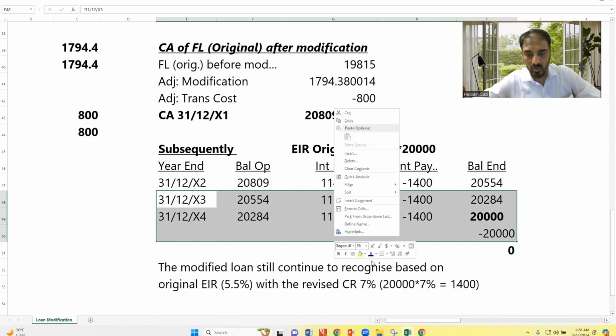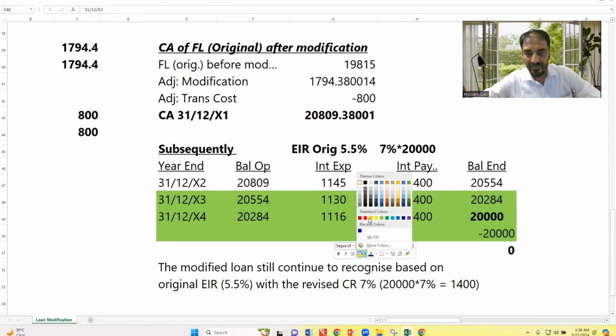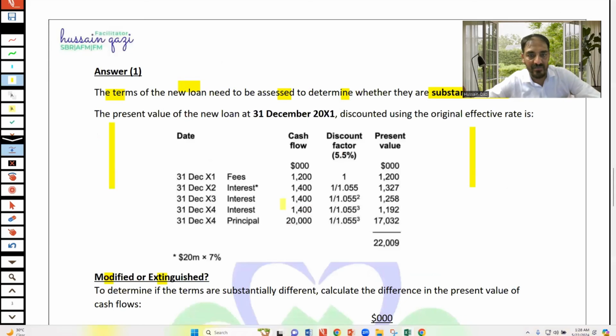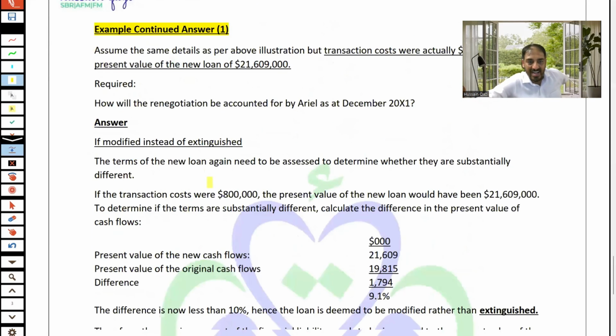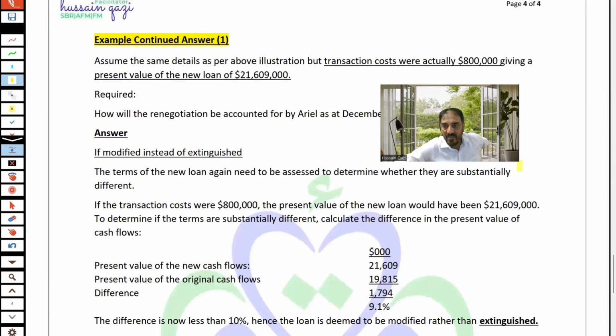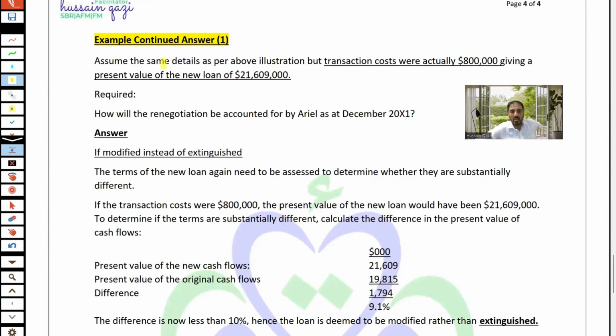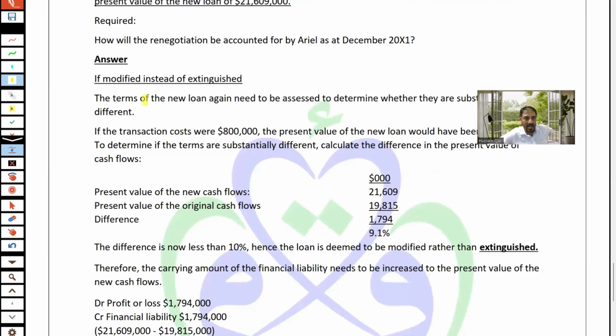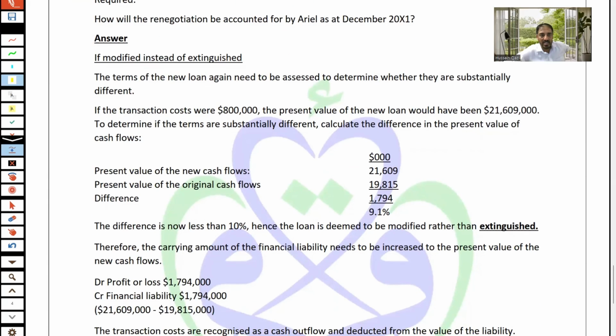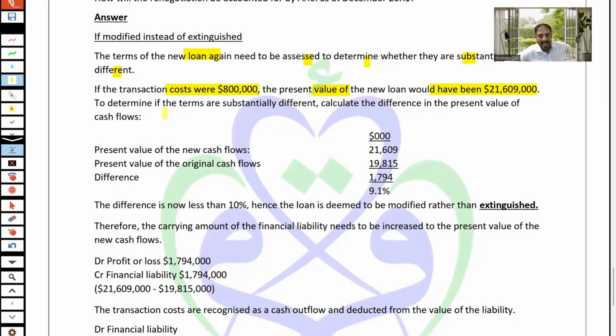Okay, students, if the examiner examines this point in the SBR part, what will you write? Very simple. Assume this is the assumption and this is the answer. If the loan is modified instead of extinguished, the terms of the new loan need to be assessed to determine whether they are substantially different. With transaction cost 800, the present value of the loan is 21609, and to determine if the terms are substantially different, calculate the difference.